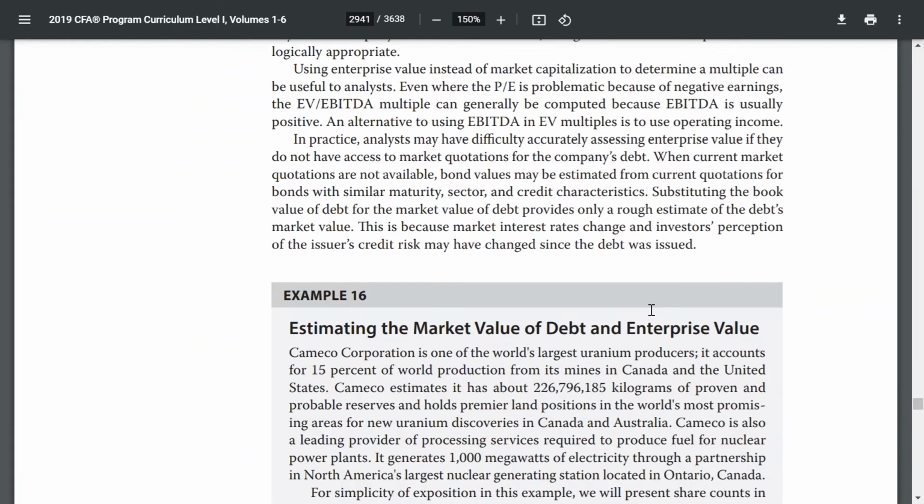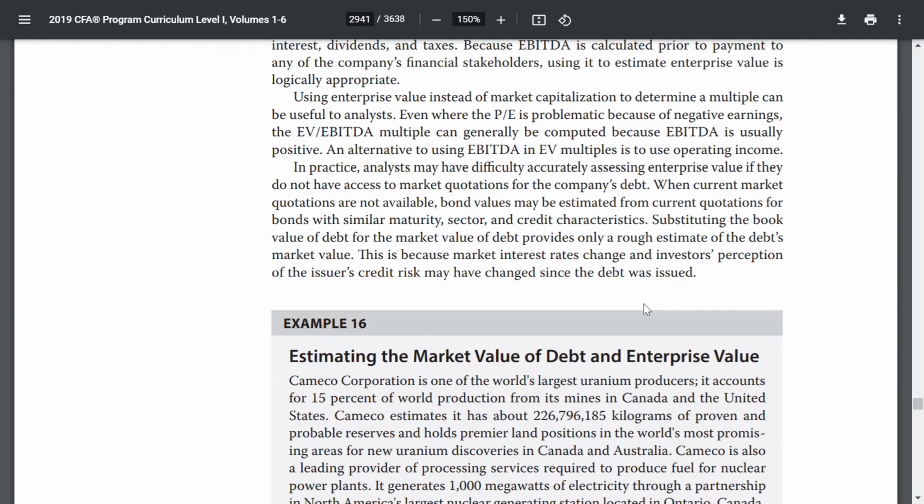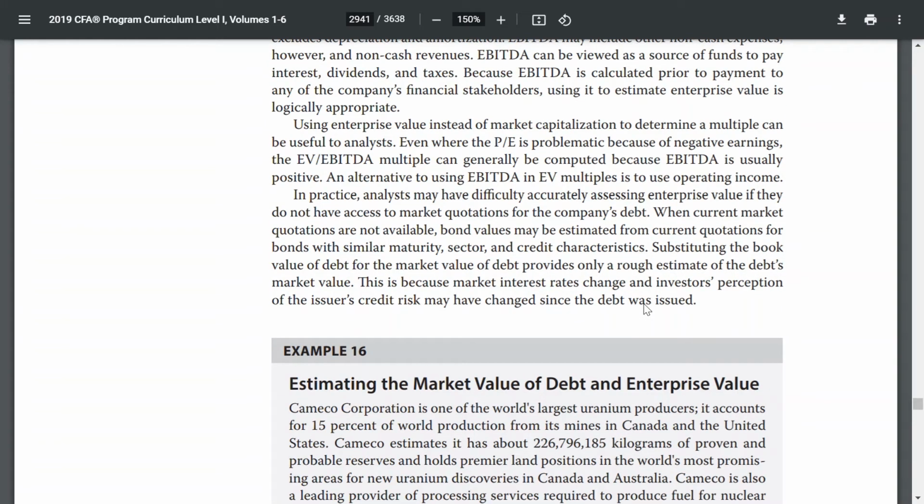Using enterprise value instead of market capitalization to determine the multiples can be useful to analysts, even where the PE is problematic because of negative earnings. The EBITDA multiple can generally be computed because EBITDA is usually positive. An alternative to using the EBITDA and EV multiple is to use operating income.